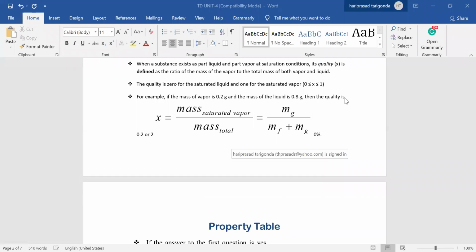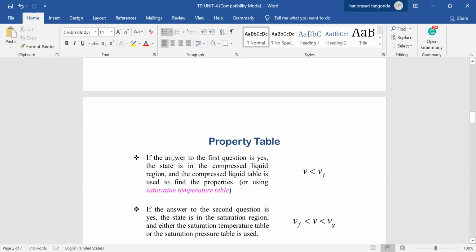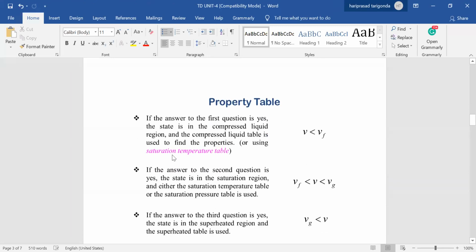Therefore, the dryness fraction for this case will be mass of saturated vapor, mg, which is 0.2, divided by mf, which is 0.8, plus mg, which is 0.2. So the ratio becomes 0.2 by 1, which is 0.2, or in percentage, 20%. Okay, like this we are finding the dryness fraction of a steam.